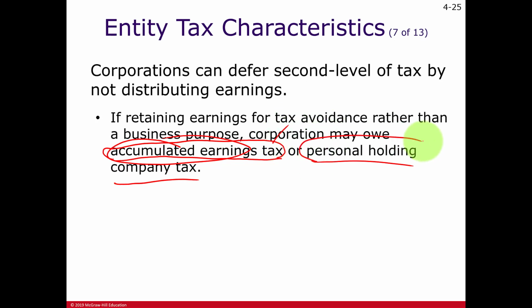The personal holding company tax, that's something you may have to calculate yourself when you file a tax return. Basically, if you have a small amount of shareholders owning or controlling a corporation, and the corporation has investment type activities, and they're not paying out dividends. Okay, so that's another topic we'll see in a future chapter.